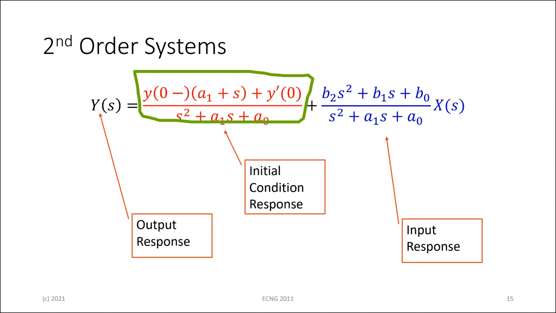If you did not discharge the capacitor, the capacitor may have a voltage still stored in it. At that point in time, it means that y0 minus has a value. That is why you call it the initial condition response.